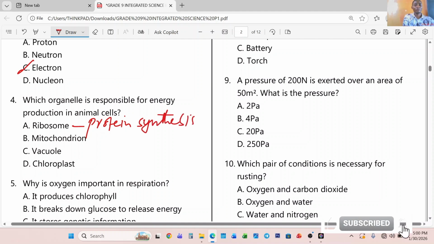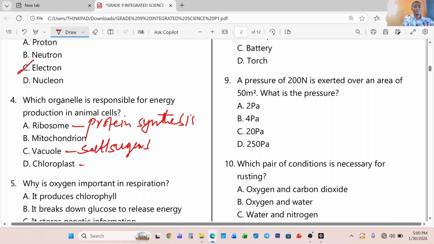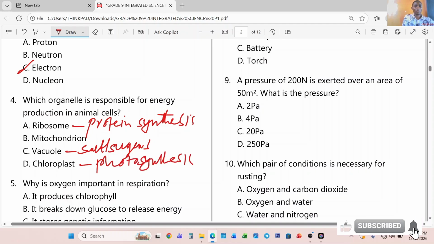We have vacuole, which is the part of the cell which stores dissolved salts and sugars. We have chloroplast, which is the site for photosynthesis. So the correct answer is B.